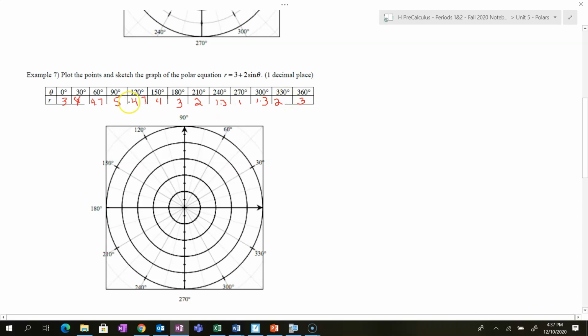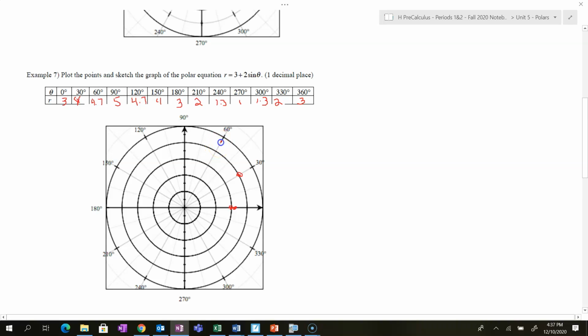Okay, so you can see here I filled in the blanks, and now I'm ready to start plotting points. So for 0, it's going to be out here at 3. At 30 degrees, it's going to be out here at 4. And at 60 degrees, it's up at 4.7.